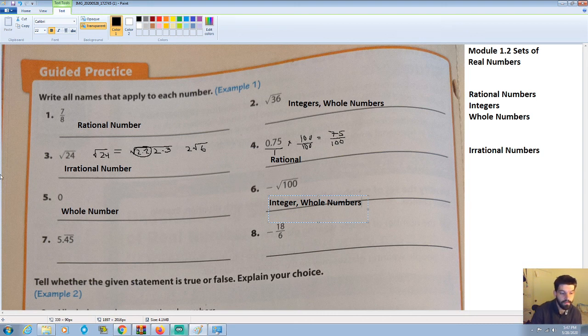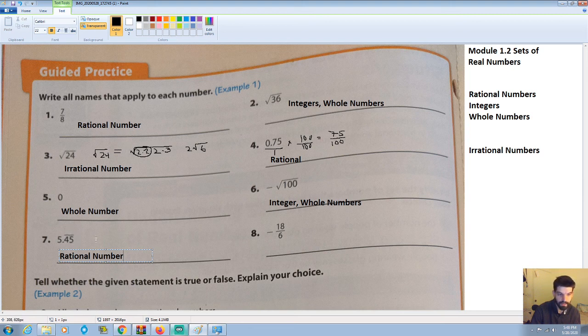5.45 repeating. This is going to be a rational number. Remember, one of the key characteristics of a rational number is that it can have a repeating decimal. If we were to write this as a ratio of two integers, we would do 5, and then represent the repeating 45 as a decimal.